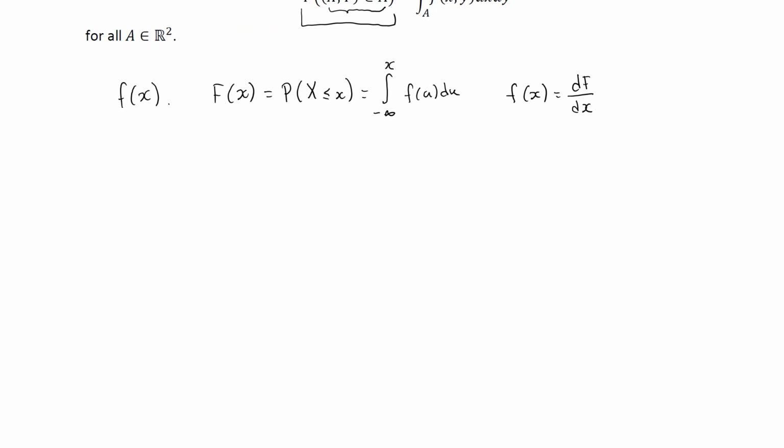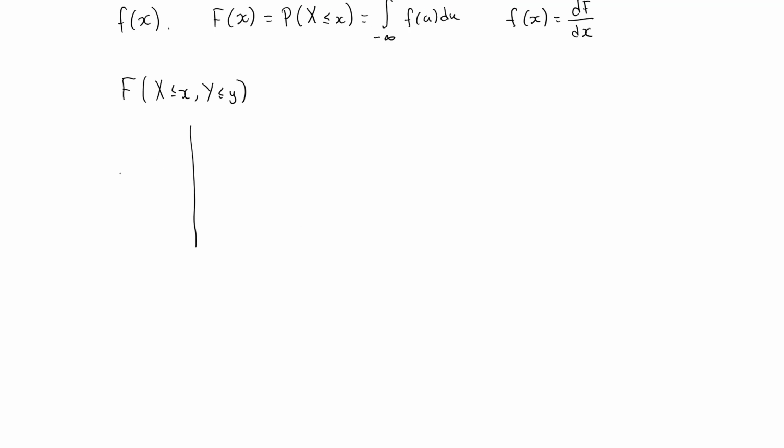In the case of two random variables, X and Y, the CDF is defined as the probability that X is less than or equal to x and Y is less than or equal to y. The CDF exists for all random variables and it's defined in the same way no matter what type of random variables we're talking about. So this is the event.